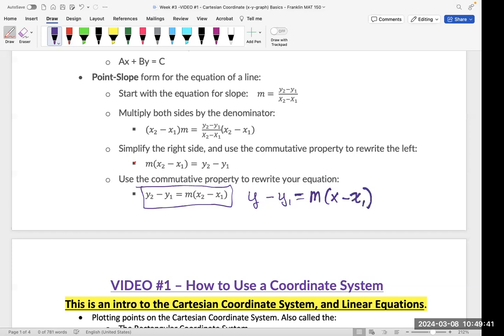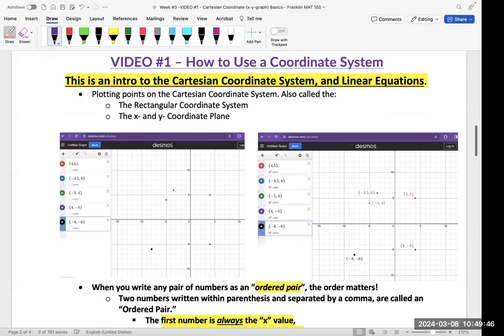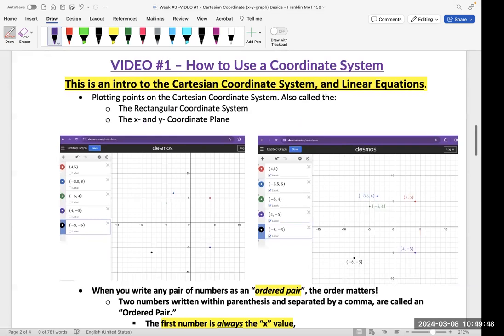And m represents your slope. M is not a point on the line. M just tells you how steep the line is.